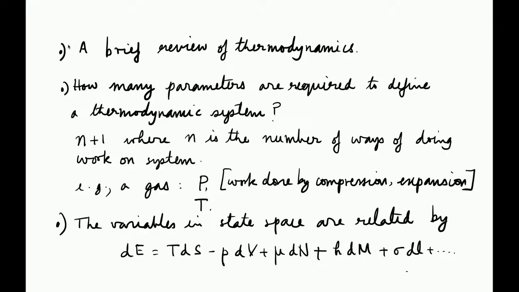Now, whatever that may be, there's the first law of thermodynamics, the second law of thermodynamics, and all those things. But after all that, there is one fundamental relation in thermodynamics.